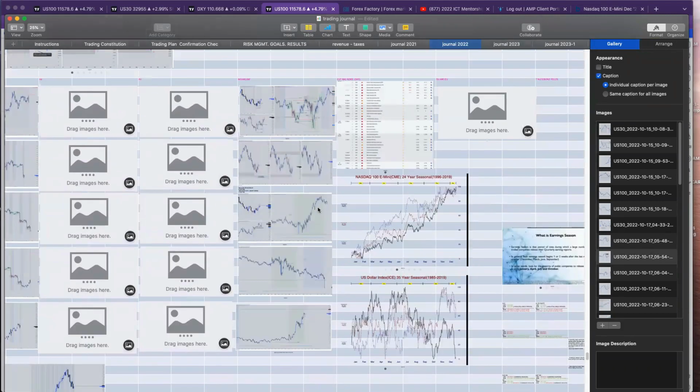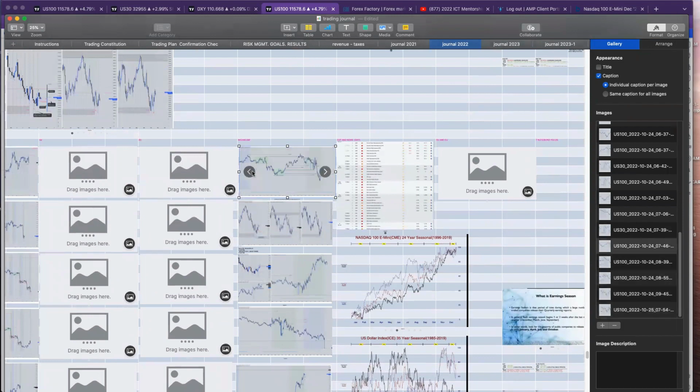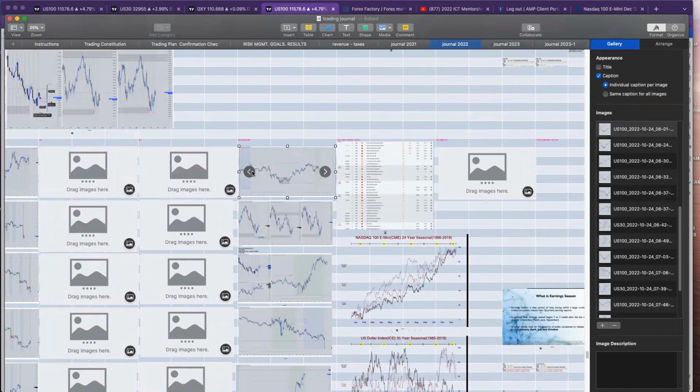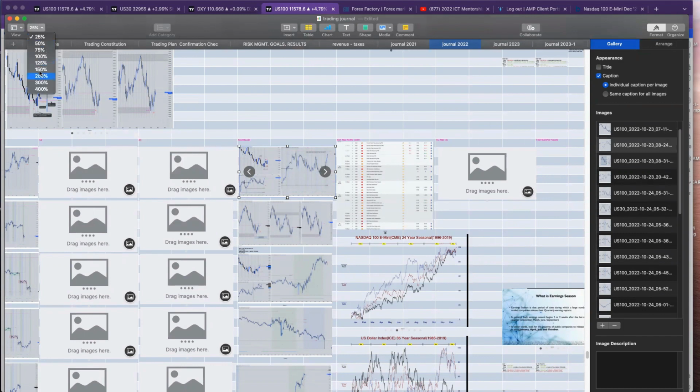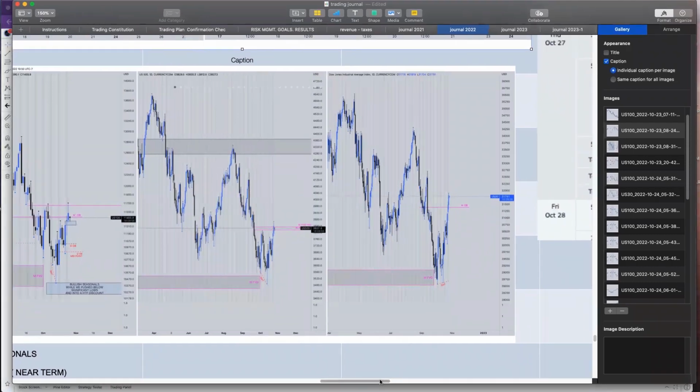Oh wait, I think that was literally last week. Hold on. Oh, right here. We're going to even look at the times too, so you can see that this was for sure before the fact.